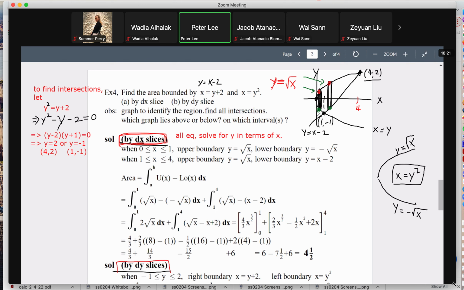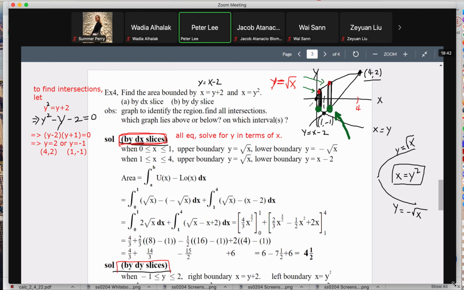So now let's look at the lower boundary. When you look at the lower boundary, we have a problem. Why? Because we have a point here, which I'll mark in dark, right here, and then we also have a point right here. But this point and that point are actually part of two different curves.